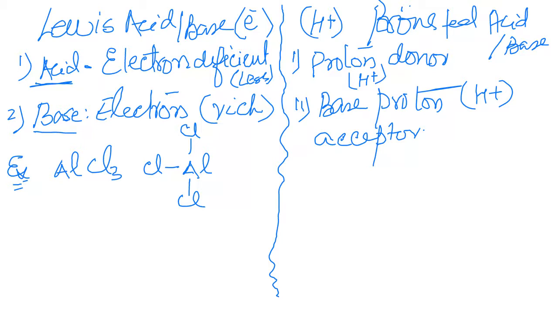And ammonia NH3 has an extra electron pair. This is electron rich. So this is the base. This is an acid and this is a base, A and B.